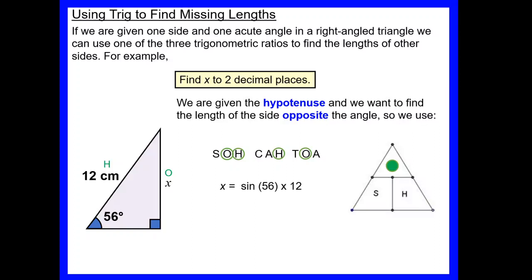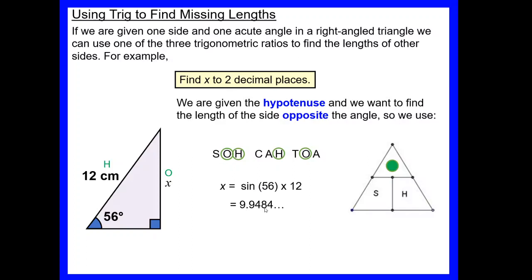Now all we've got to do is type that into our calculator. So we're going to type in sine, which gives you the open bracket, 56, close the bracket, times 12, and we get an answer of 9.9484, etc. So remember, we always write down at least 4 decimal places before we do any rounding. And we've been asked to round to 2 decimal places. So 1, 2.